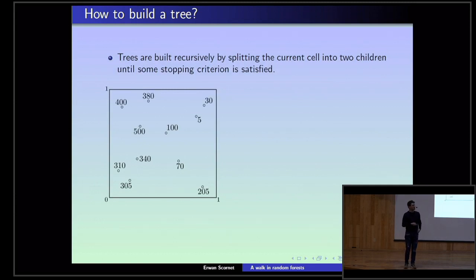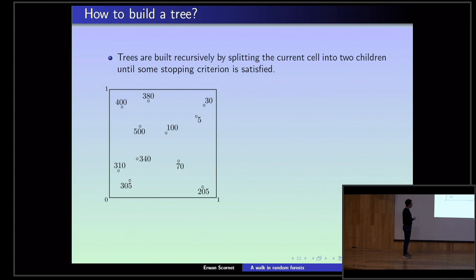So first, how do we build a tree? Here we try to understand how a random forest is built. To build a random forest, we first need to see how to build trees. So let's look at this simple example where you have only a few data points, 11 here, and x is just two-dimensional. So you have one variable, which is renormalized between 0 and 1, and the other one, also between 0 and 1.